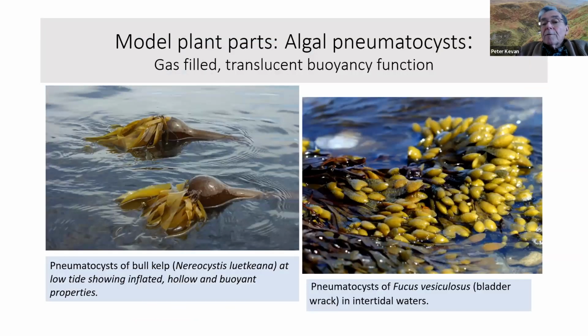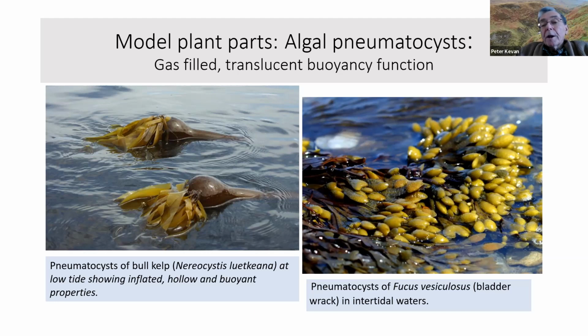So in doing our review, one of the things I started looking at, and Charlotte started looking at, is what else was there out there? And we thought, okay, model plant parts. And I remember walking around in the intertidal zone in the Maritimes, and also on the West Coast, seeing the bull kelps. And they have these gas-filled, translucent buoyancy compensator organs on them.